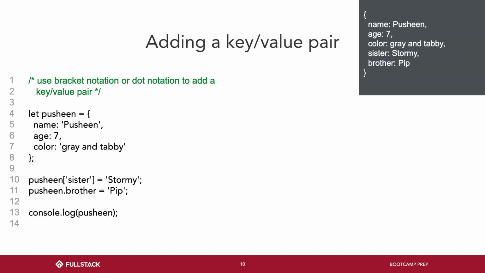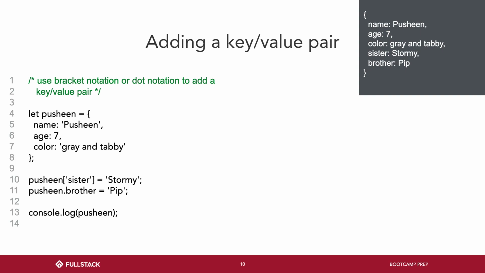So when you add things, you can do pushing at the string sister, or pushing dot brother equals storm, equals pet, and then we have them in the object. Very simple to add things. But what are we really doing? Whether it wasn't there or it is there, it is the same thing.